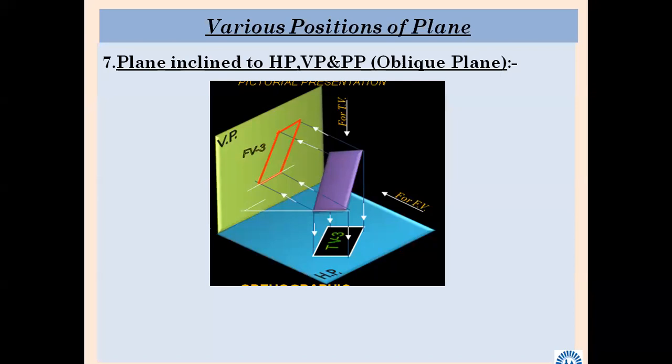Apparent shape. In all the views, it will show its apparent shape. It will not show in any view its line view or even its true shape. In an oblique plane, in all reference planes, it will show apparent shape.